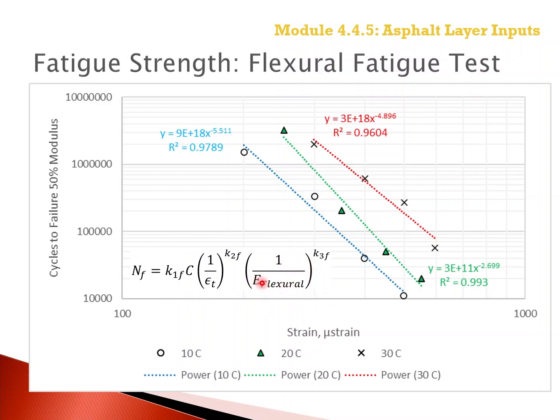Temperature is replaced by flexural stiffness because the flexural stiffness defines failure. So K1 is the intercept, K2 is the slope, the average slope of all of these relationships, and K3 is basically the divergence in the intercept between the three test temperatures defining failure.